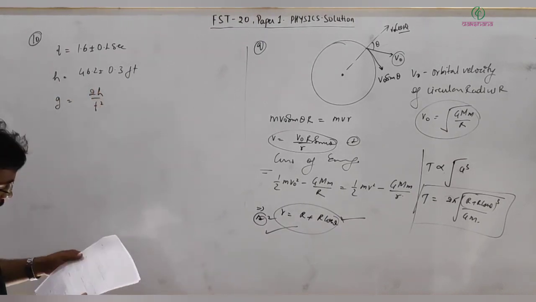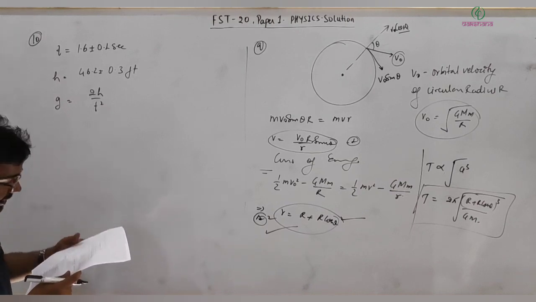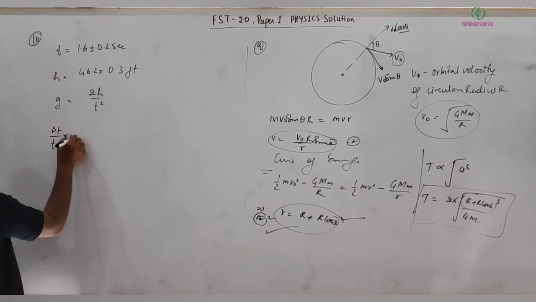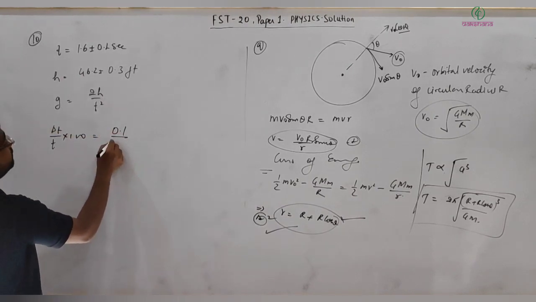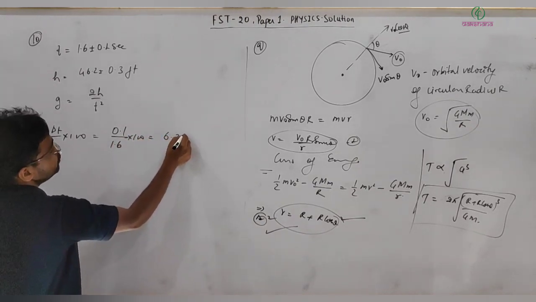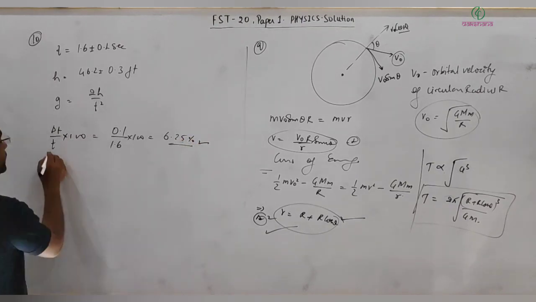Now you are asked to find the percentage error in T, H and G. So delta T by T into 100 will be 0.1 divided by 1.6 multiplied by 100, which comes out to be 6.25 percent.